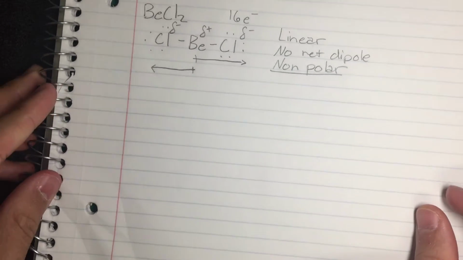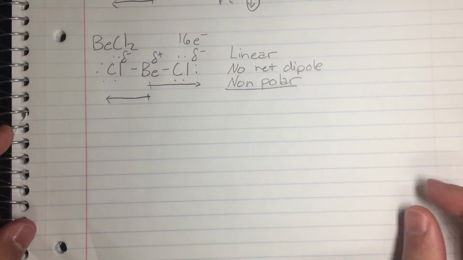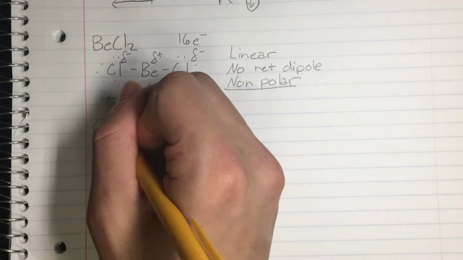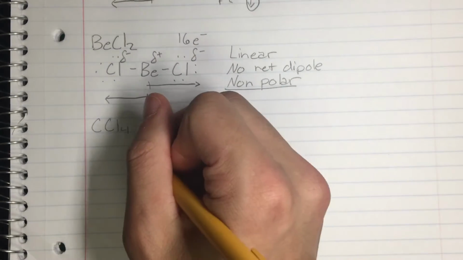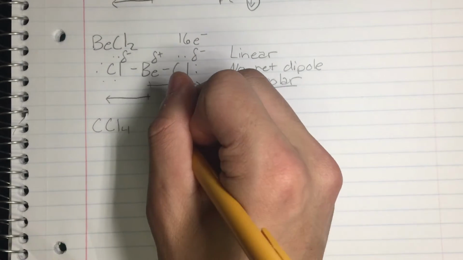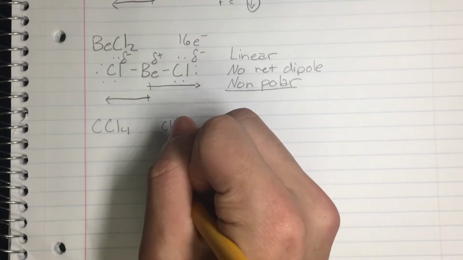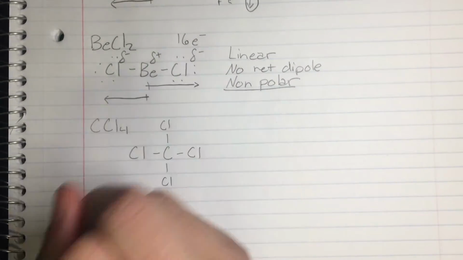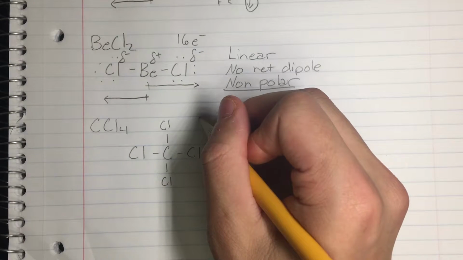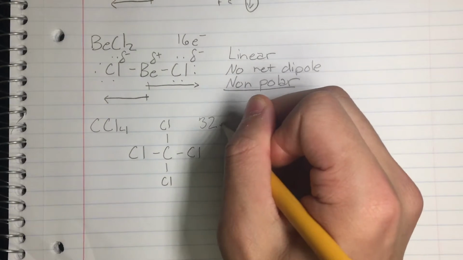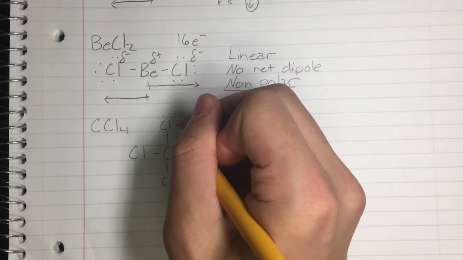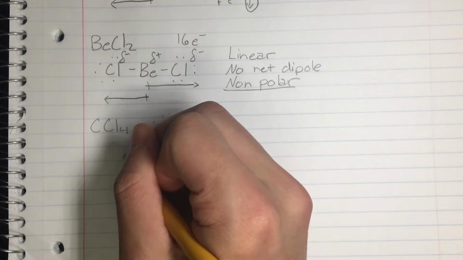Now, CCl4, C is in the middle with the Cl's on each side. And there are 32 electrons. So outside first.